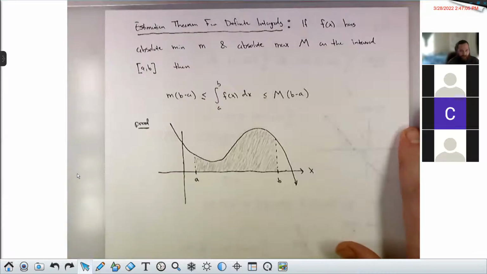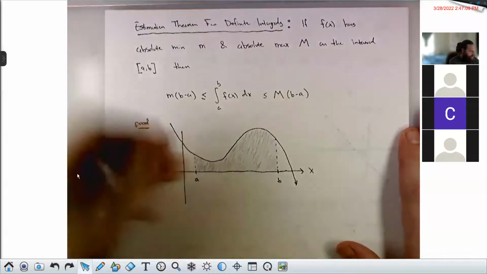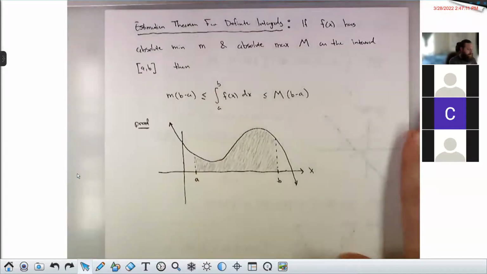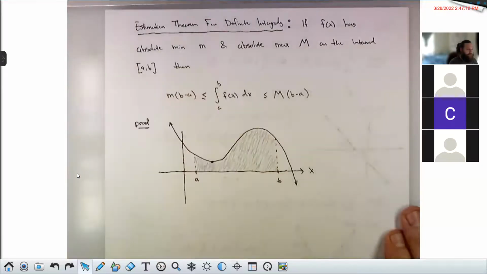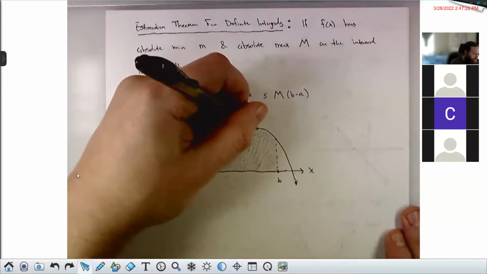And recall that if you have a continuous function on a closed bounded interval, it's guaranteed to attain both an absolute min and an absolute max. The absolute min is occurring right here, and the absolute max is occurring right here.